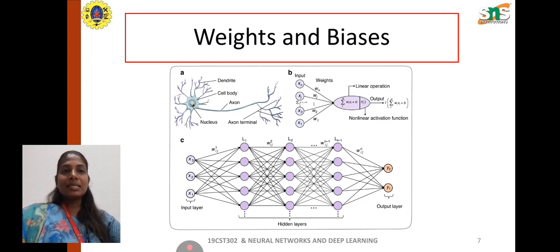In this diagram, it is the summation from 1 up to n, where we multiply the input and weight, and finally we add the bias value. Then if you move on to the C diagram, which is called a deep neural network, why is it called deep?